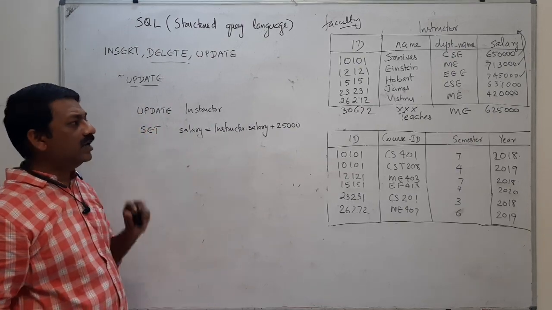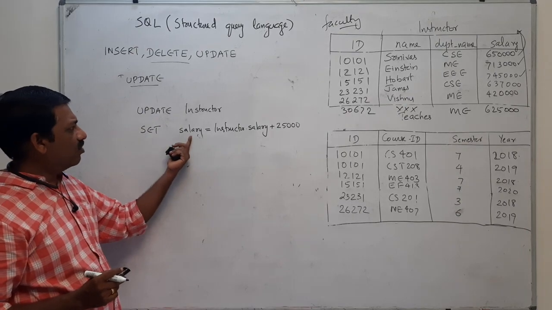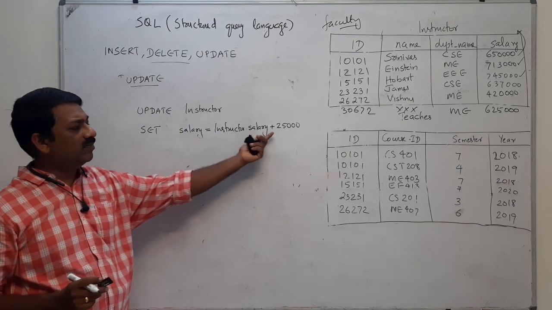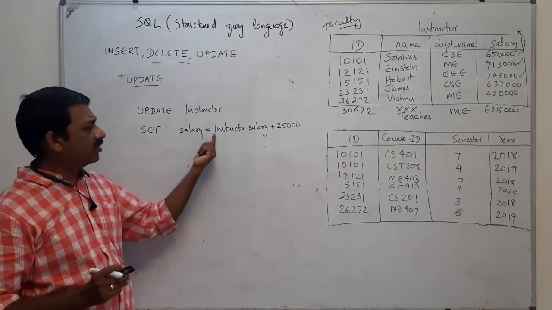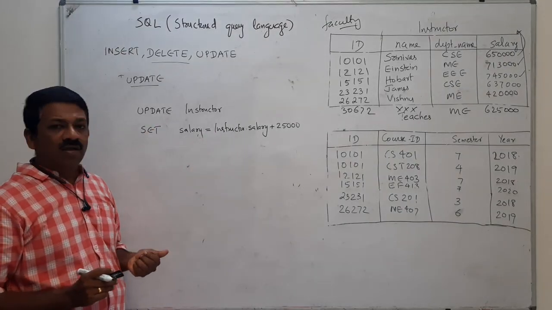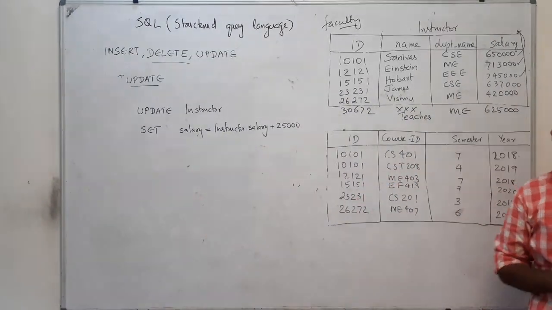Here no condition is there. In that case, the salary of each employee is incremented by 25,000. So this is the syntax of the update statement.